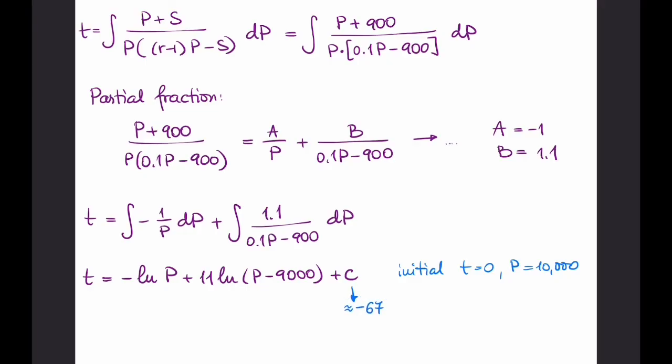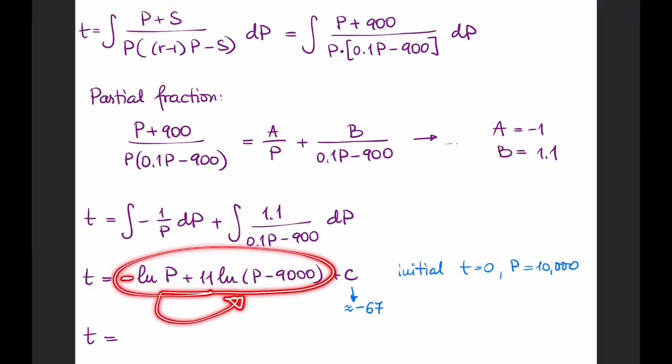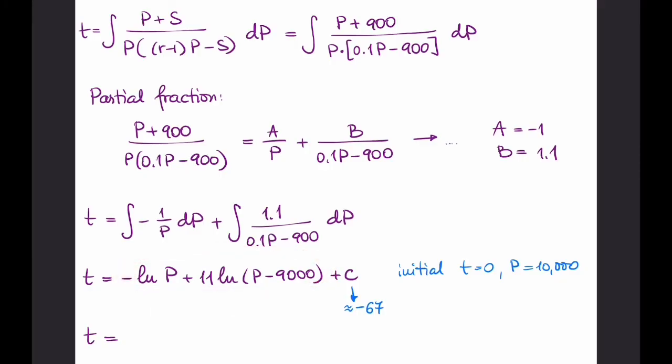So altogether, my formula, if I choose to bring together the two lns here, this is minus, so this is going to be a logarithm divided at the bottom, and I can bring this 11 up to the power in here instead. What I'm going to have is ln of (p minus 9,000) to the power 11 all over p, plus my c, which is actually minus, let's say, 67.